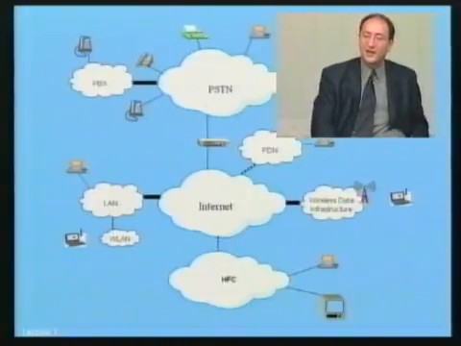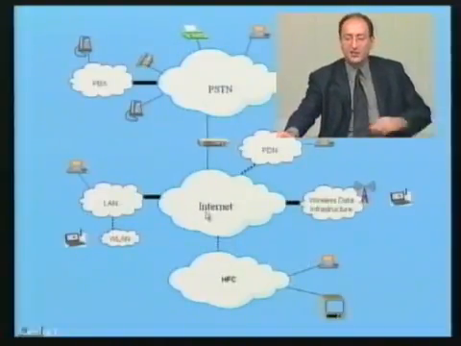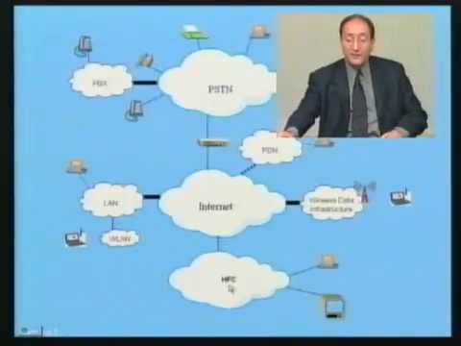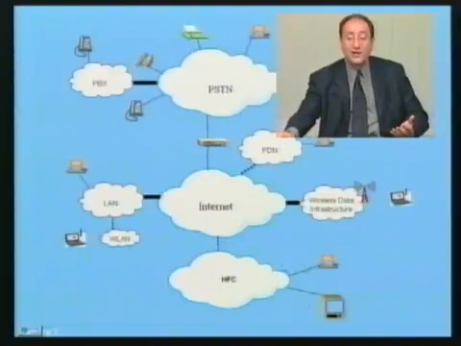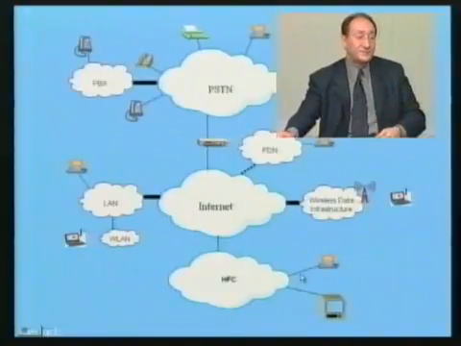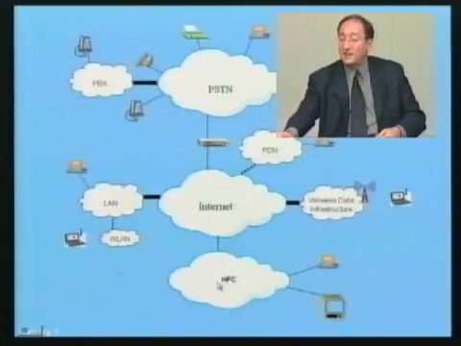But anyways, I have the internet, a virtual network, and the cable TV, where the access to the home, certainly, they own their own infrastructure, their own wiring. And that's very important. But inside that is again virtual. It uses the PSTN.